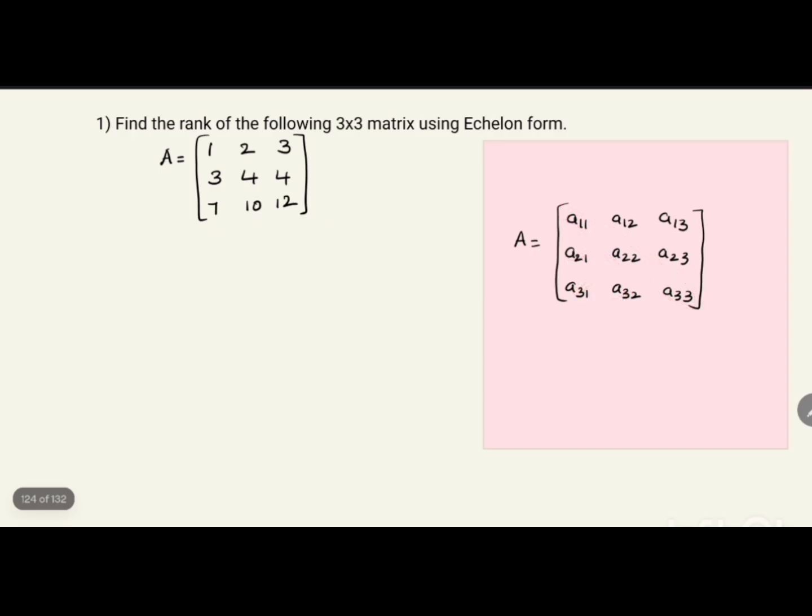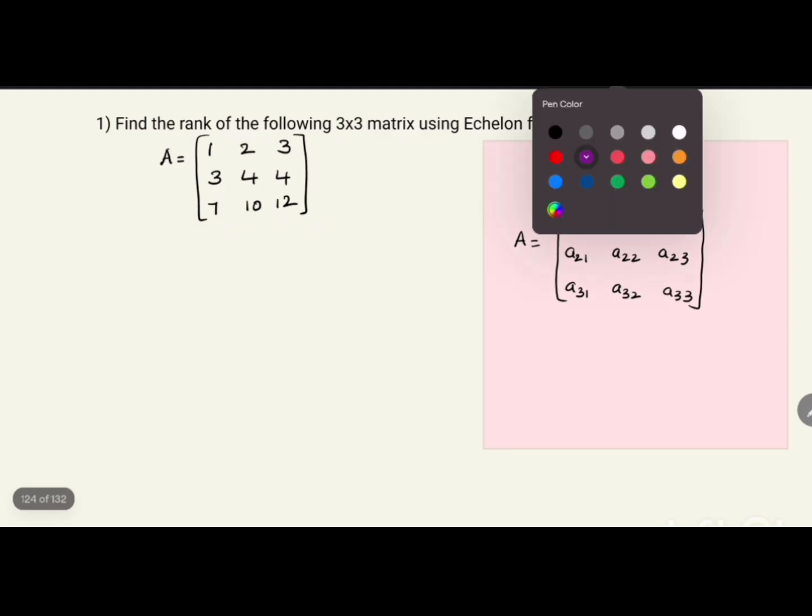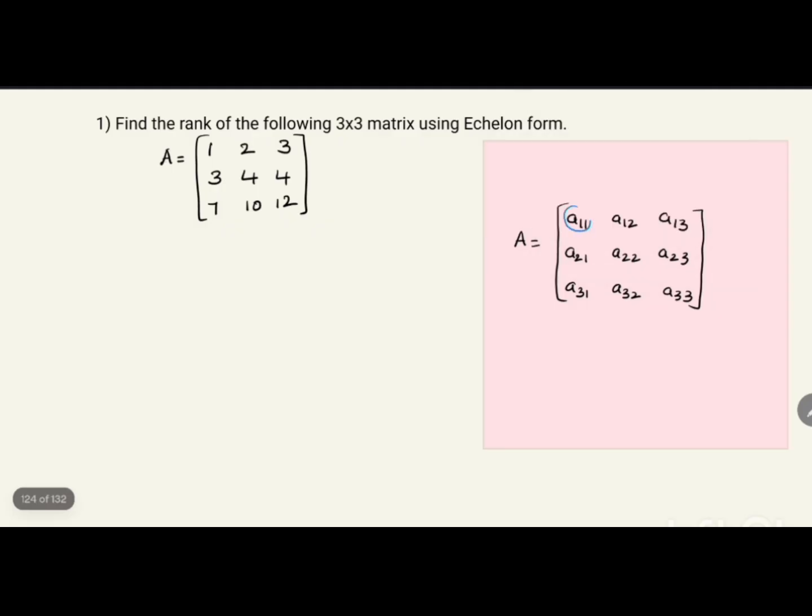For that, we have to follow these steps. Let me revise the steps once again. What is the first step? We have to make A11 element 1. That means we have to check for the possibility to swap with any other row which has the first element as 1. So the first step is to make A11 equal to 1.